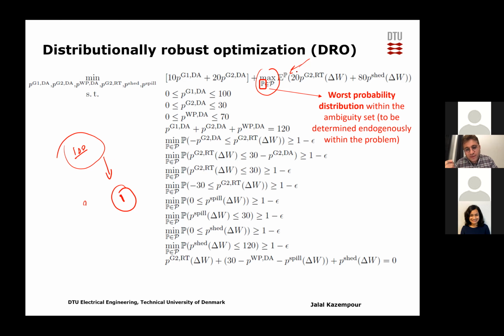So the ambiguity set is our degree of freedom to control our conservativeness. In addition to epsilon, which was one degree of freedom, the size of the ambiguity set is the second degree of freedom to be less or more conservative, to switch between a stochastic program and robust optimization. Is it clear? Hopefully it is.